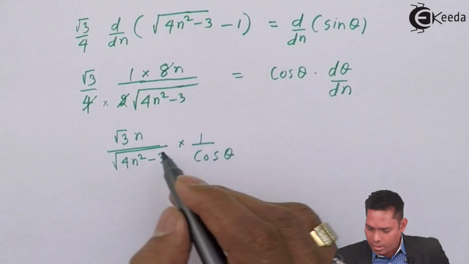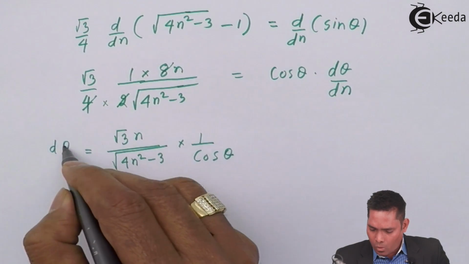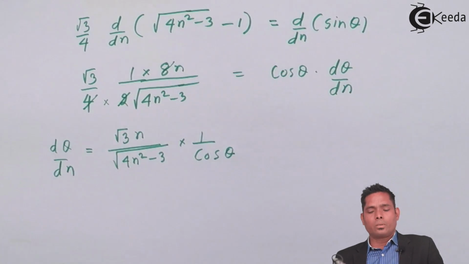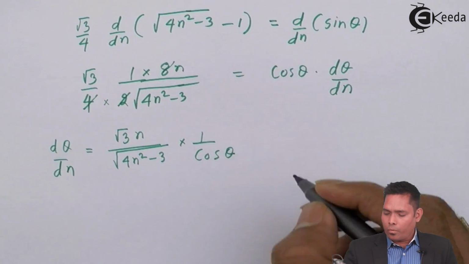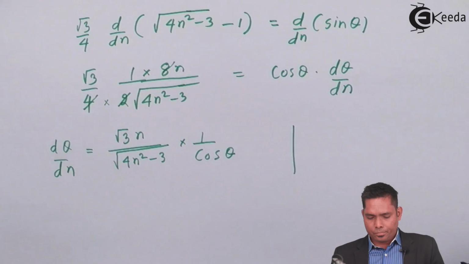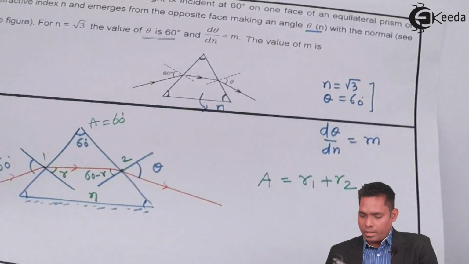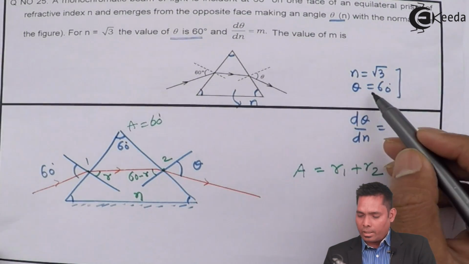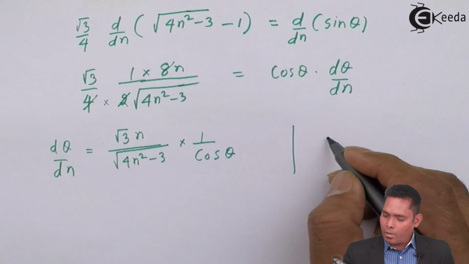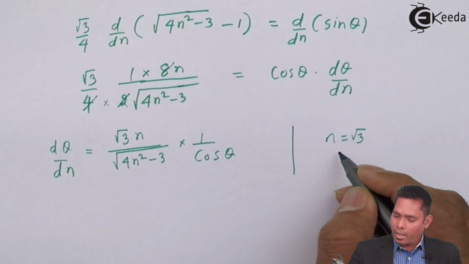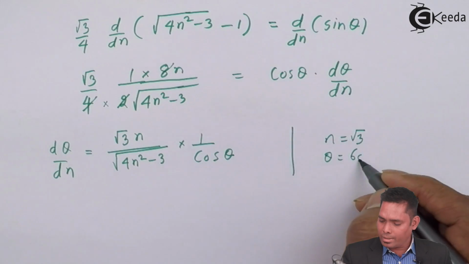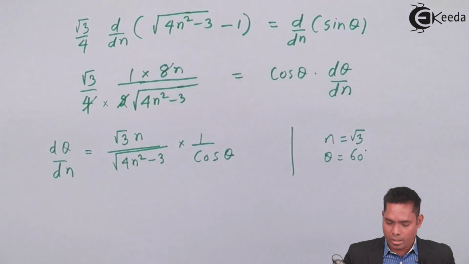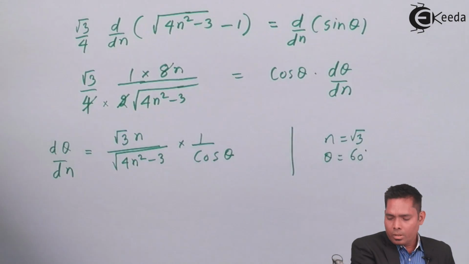This is our d theta over dn. Now what is the condition given? The condition given here is n is root 3 and theta is 60. I will substitute these in this expression and see what will happen.